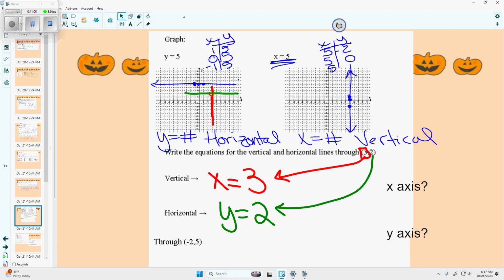Go. Identify vertical versus horizontal with just a V and an H if you want.